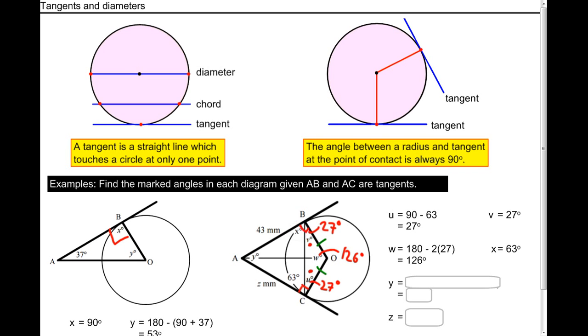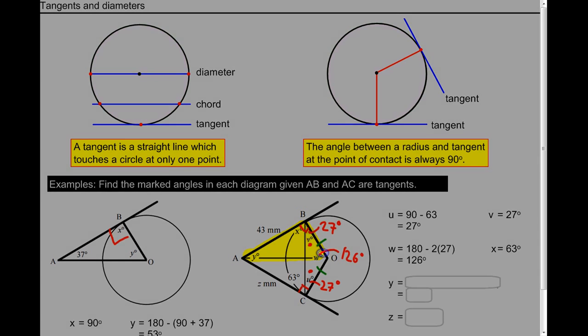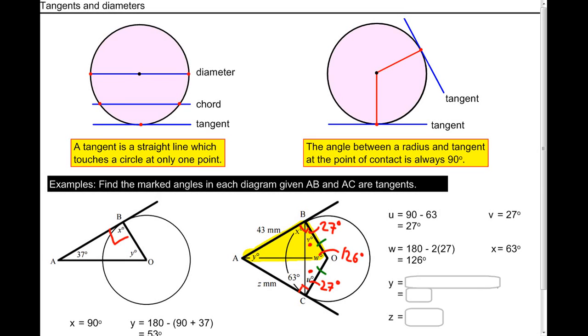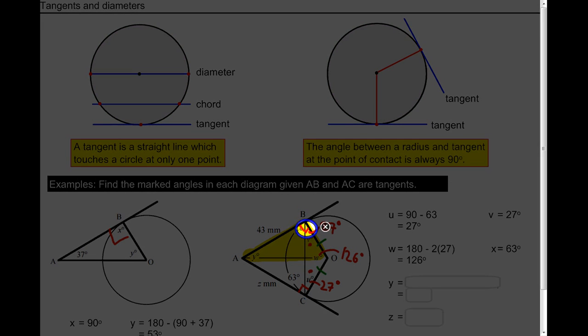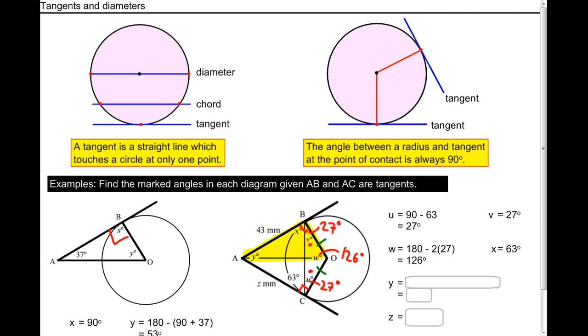Two things left to find. I've been asked to find the angle y. There's a couple of ways you can do this. Again, notice how if I look at the top half, where I've got, well, half of 126 here, I've got my right angle. So I could use the fact that that's a triangle and the angles add up to 180.